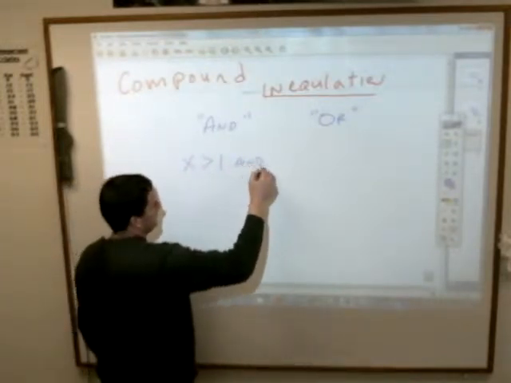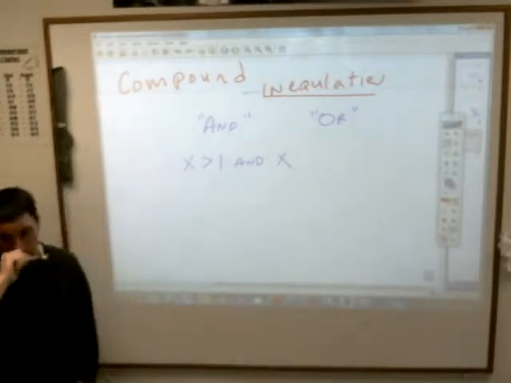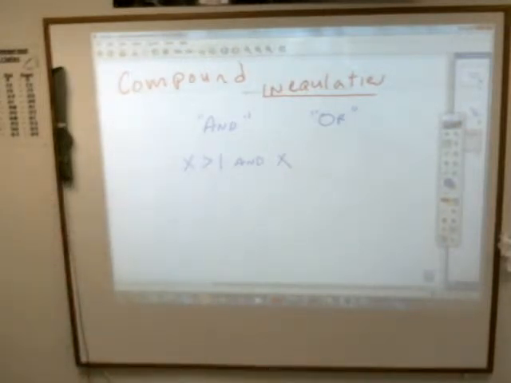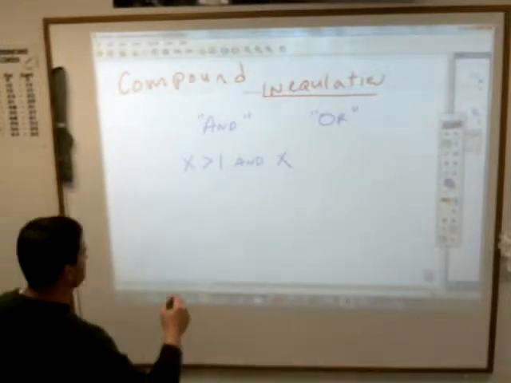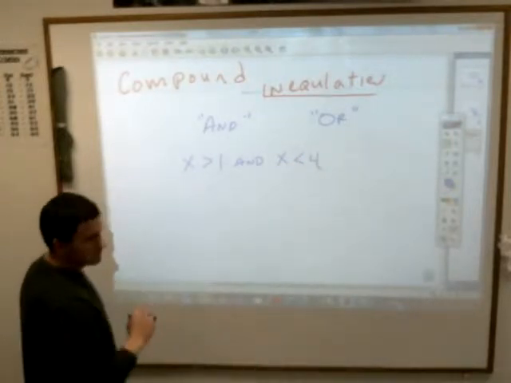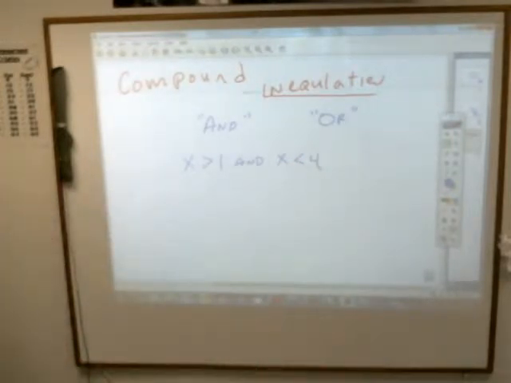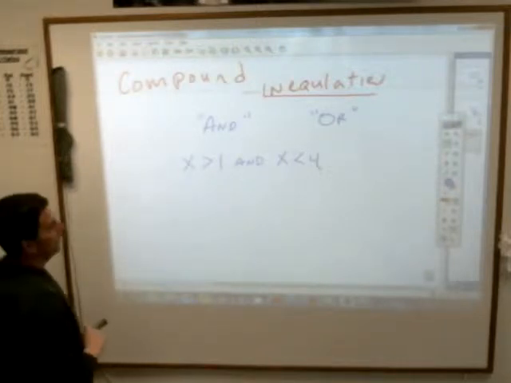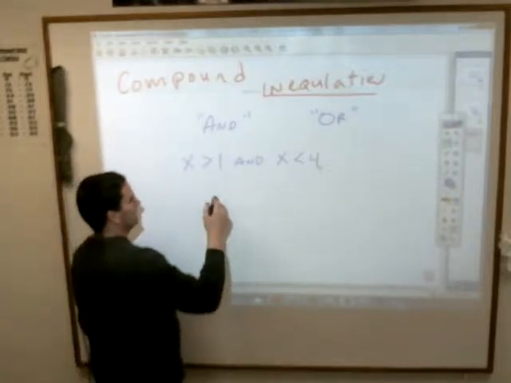X is greater than 1, and X is less than 4. Ah, well, good. Maybe I'm right with my thinking. What does this mean?